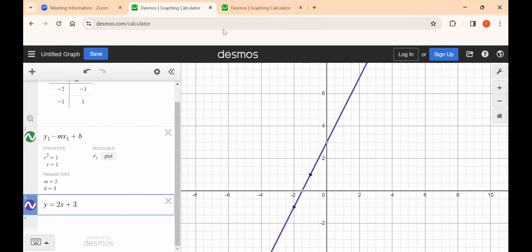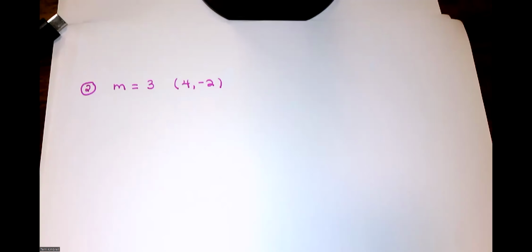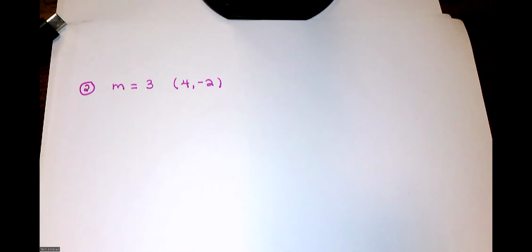So I'm going to stop sharing for a second. Now, sometimes it might just give you 1 point and a slope. If it gives you 1 point and a slope, notice that this point is not the y-intercept. If that point was the y-intercept, you could go straight to writing the equation of your line.